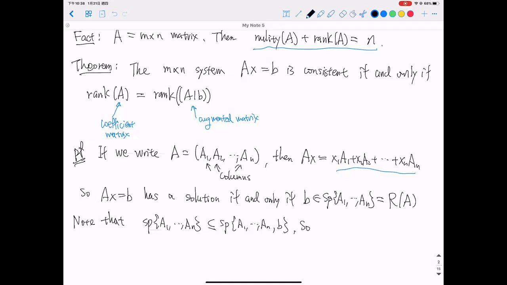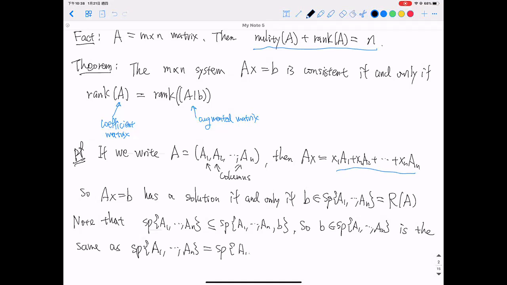So now what? Because of this inclusion, to have B belonging to the span of A1 through AN is the same as the two spans being the same, right?